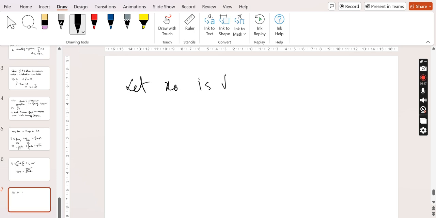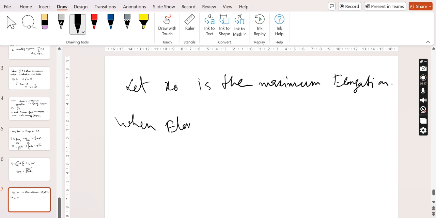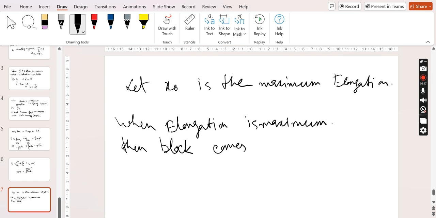Now x0 is the maximum elongation. When elongation is maximum, we already know that the speed comes to 0. So again, work energy theorem.